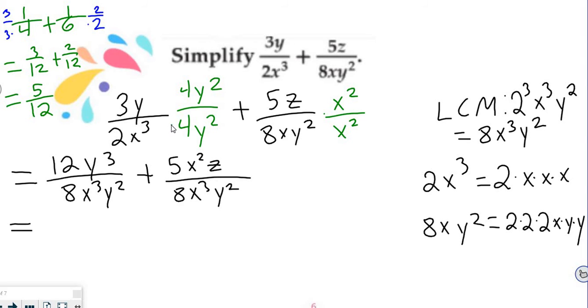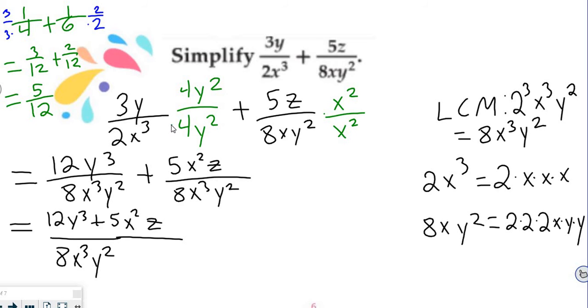That part doesn't change, even if I add pieces together. So the same is going to be true here. My denominator is not going to change. Even though I'm adding my tops together, the way that I broke it apart is still going to be the same in the denominator. So then what are we going to have on top? Well, y cubed plus 5x squared z. Okay, can we simplify that? Can we add them now?